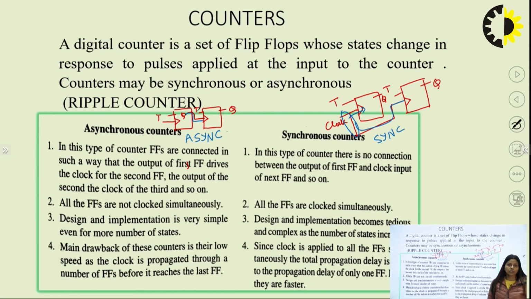In the case of a synchronous counter, we clock all the flip-flops with a single clock pulse, all the flip-flops are triggered simultaneously, and the circuit becomes a little bit faster. This is the basic difference between the asynchronous counter and the synchronous counter.